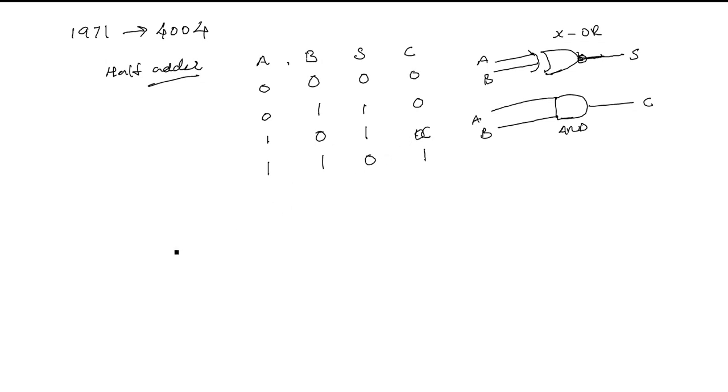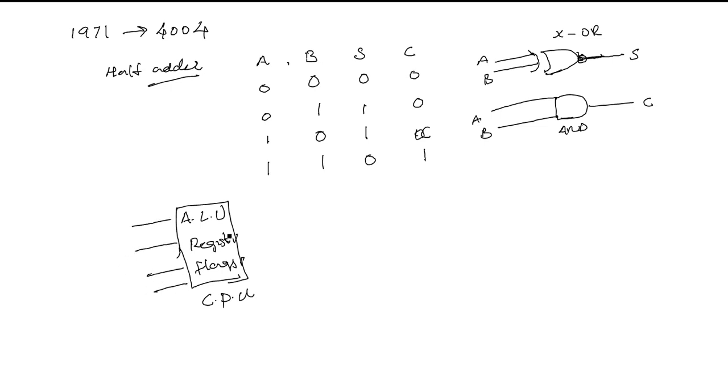The same we can implement by means of a processor. So we have any general purpose processor, which I am going to mark here as a processor. I am going to call it the central processing unit, where we have an arithmetic and logic unit, some registers, some flags, etc. Some IO ports are available for inputting the inputs, and some output ports for getting the outputs, and some timers are also available internally.